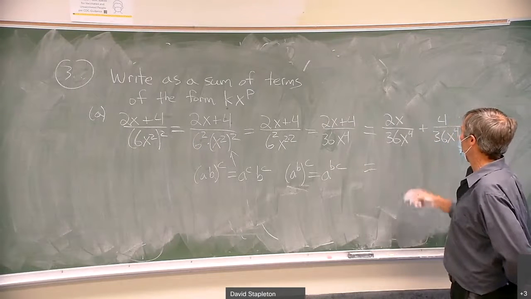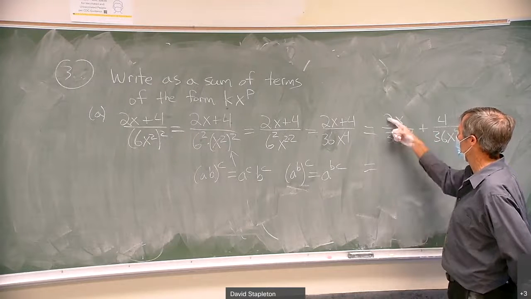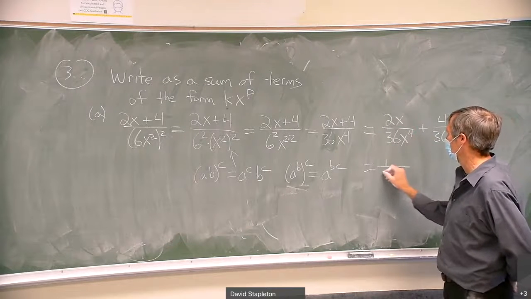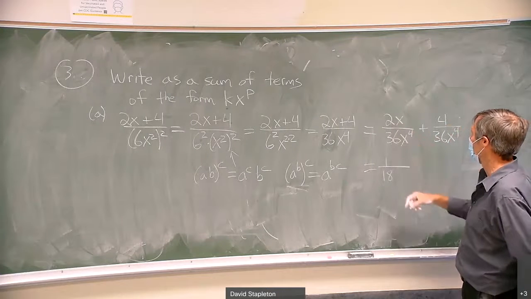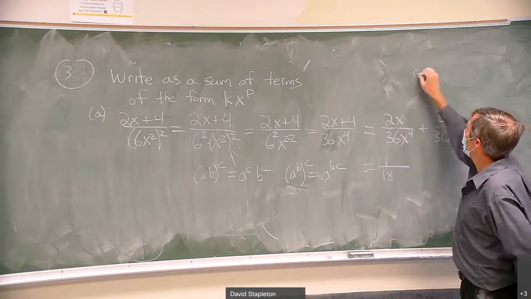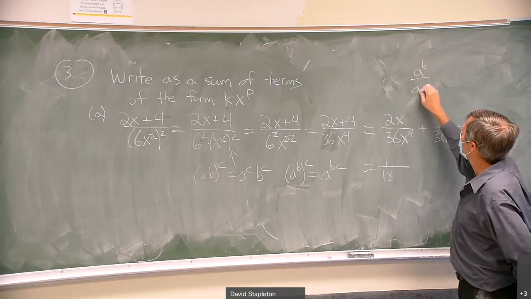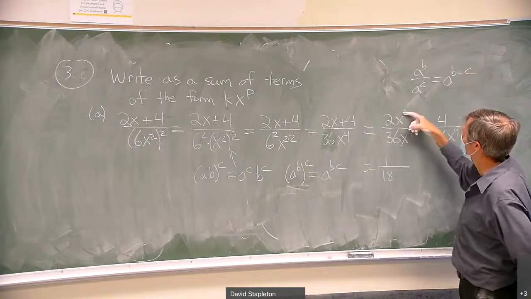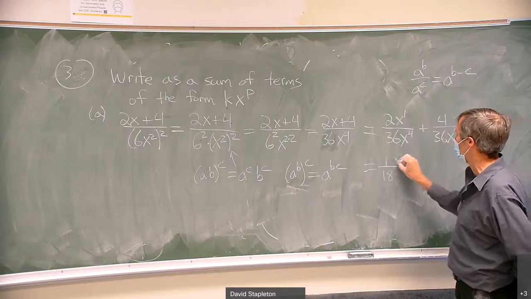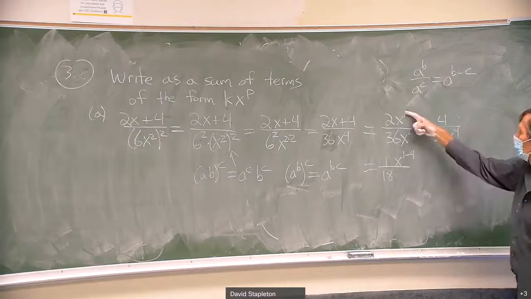Now x over x to the fourth, what do I do with that? Maybe first I should say 2 over 36 is 1/18, cancel 2's out of here. But a to the b over a to the c is a to the b minus c. So if you think of this as x to the 1 over x to the 4, it's x to the 1 minus 4, x to the minus 3.